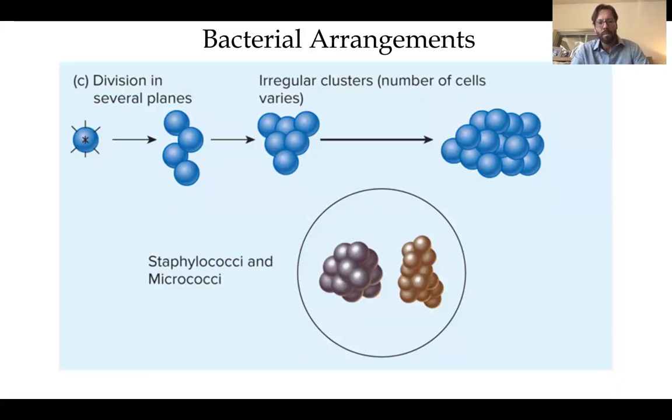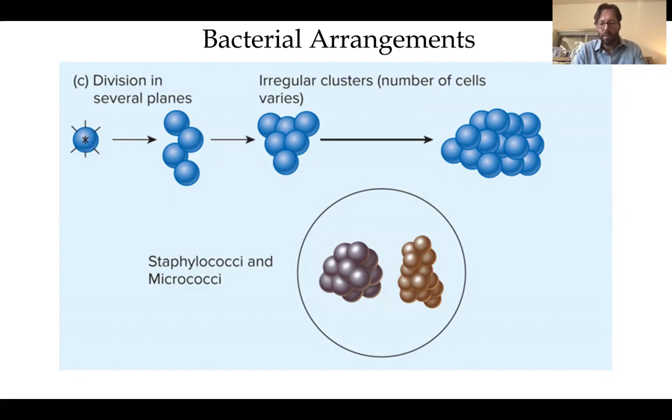So that's essentially it, right? For the different types of cocci bacteria. You can have single, diplo, tetrad, sarcina if the tetrads start to stack. You can have strepto or strep if it's linear, chain-like, or you can have staphylo if they cluster.